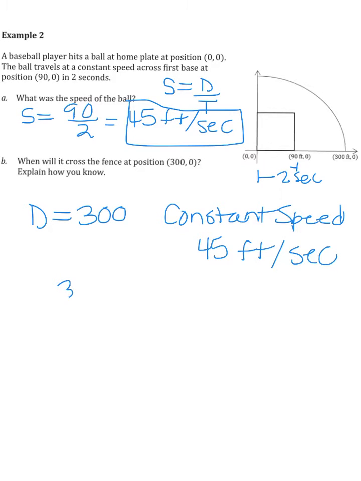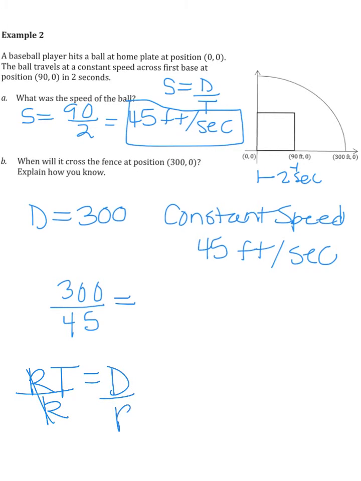So I'm going to take the 300 and divide it by the rate in order to get the time. Okay, so we knew that rate times time is equal to distance, so if we take the rate and divide it out to get time, that's how I get the formula. T is equal to D divided by R, which is what we just did, distance divided by rate, and the quotient amounts to 6.7 seconds.